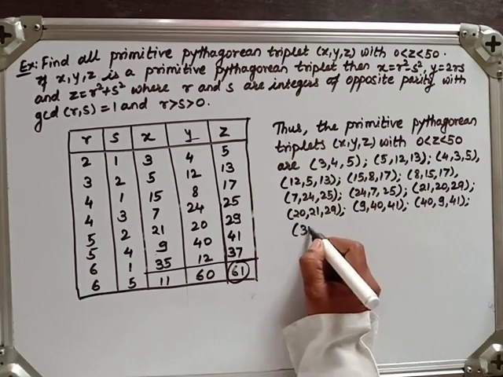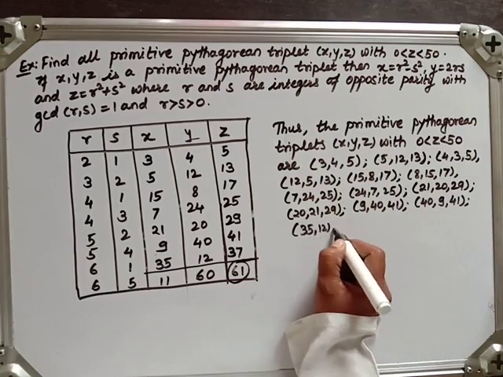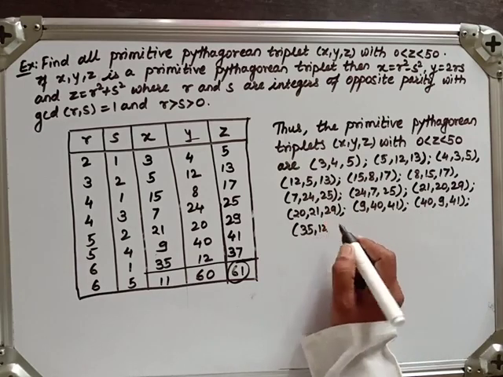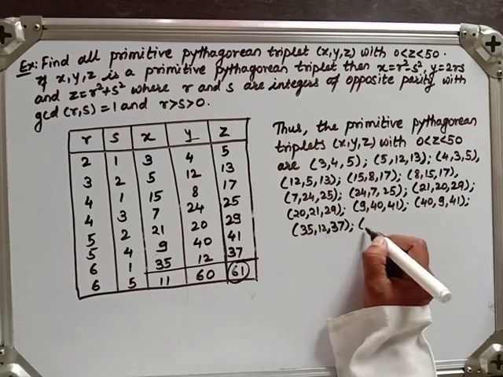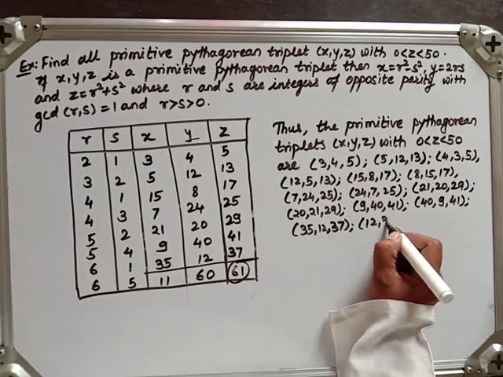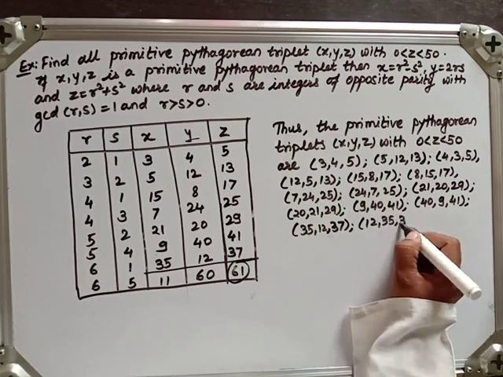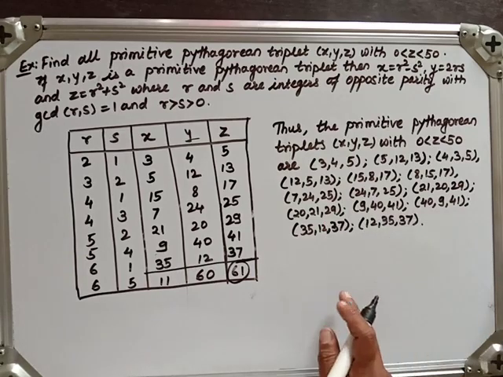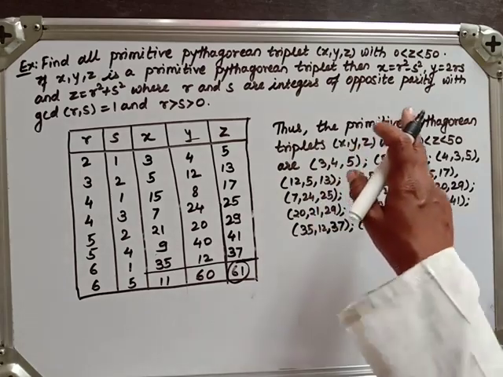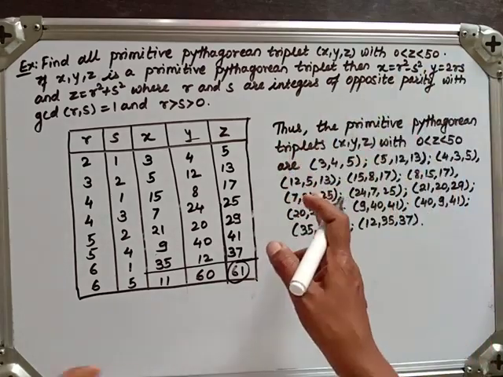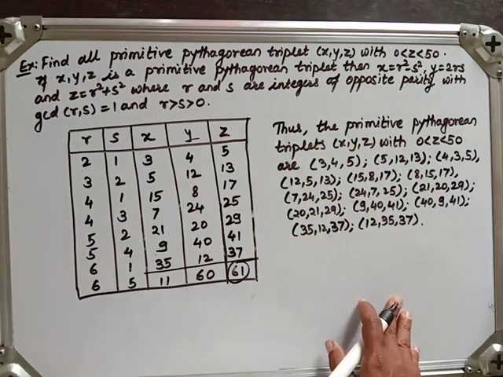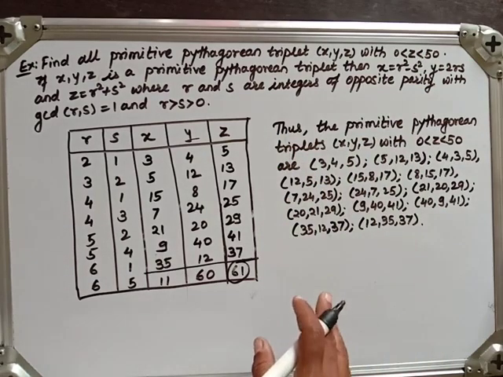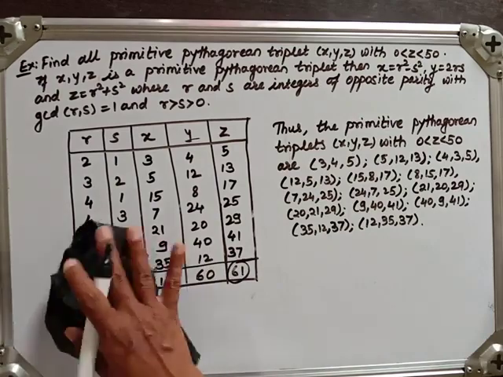Then 35, 12, 37. Then 12, 35 and 37. These are the required primitive Pythagorean triplets which satisfy the given condition for r and s and also 0 < z < 50. Now let's see the next example.